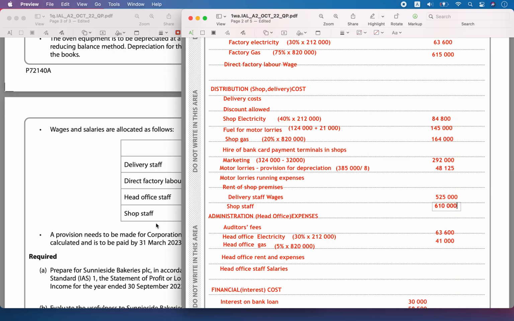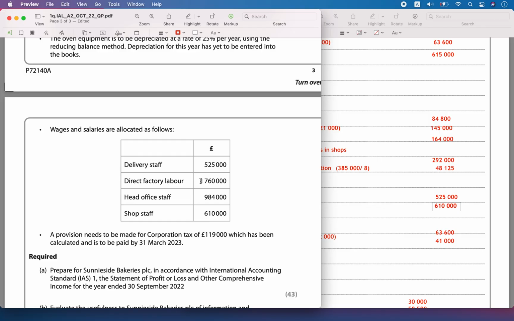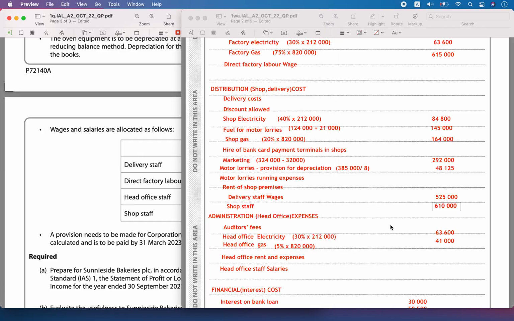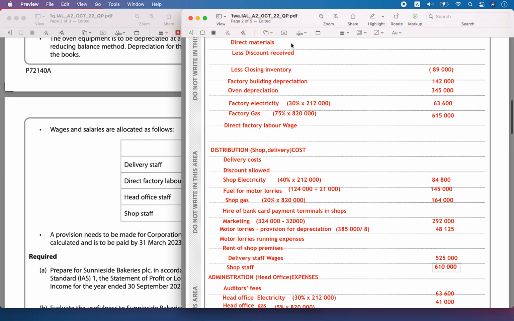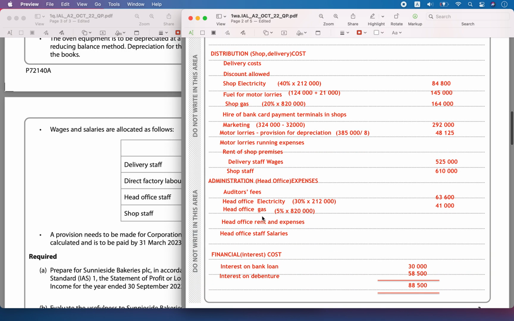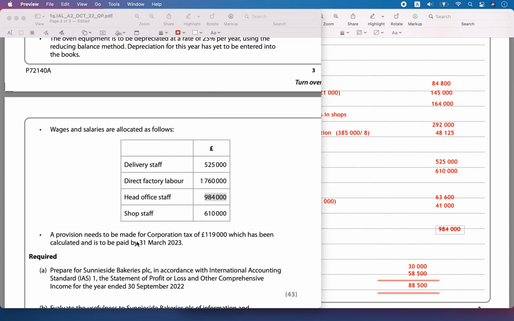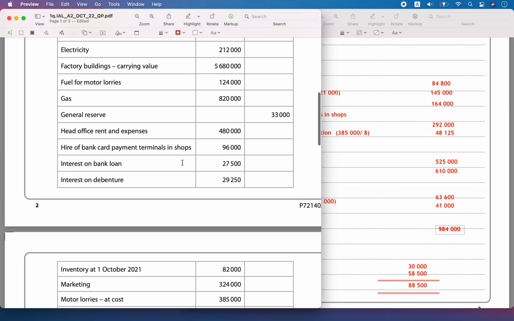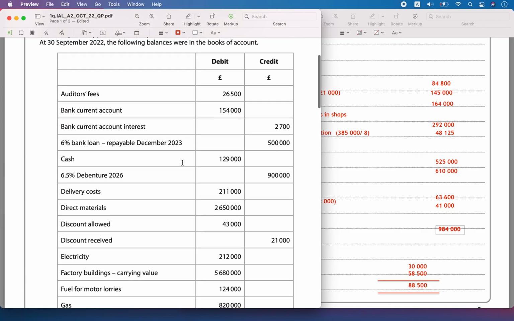Then you have the direct factory labor wage, it is 1,760,000. And then you have head office salaries, it is 984,000. So these are the additional information we have accounted.